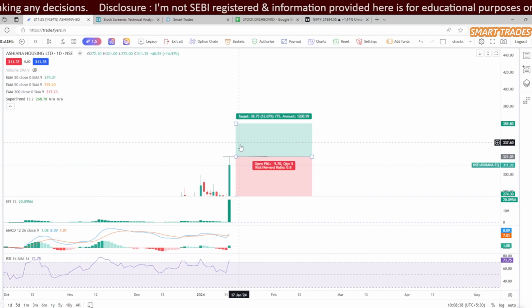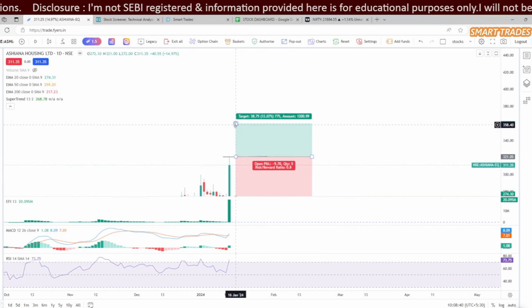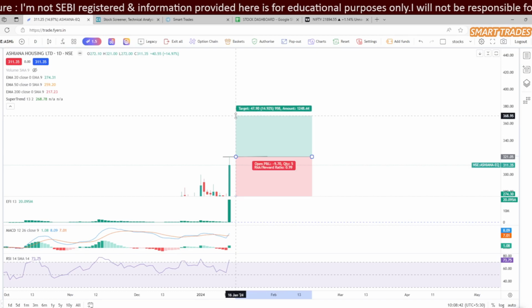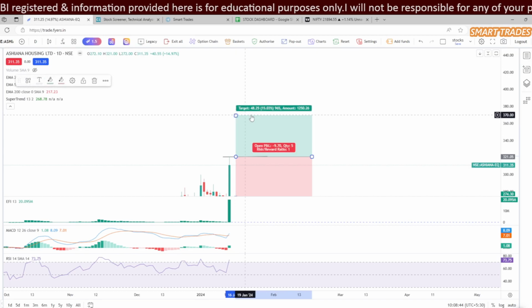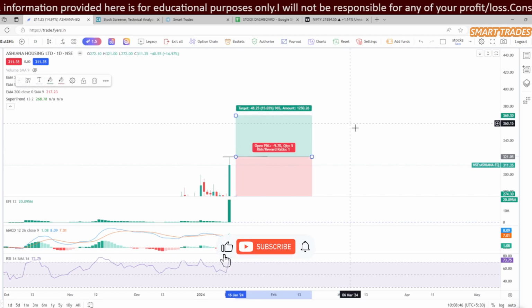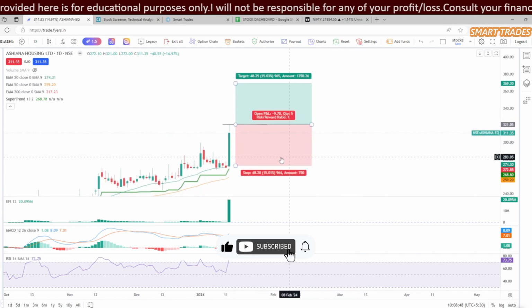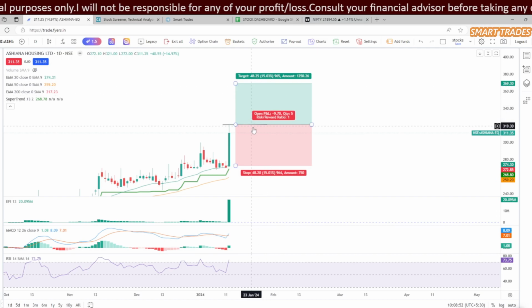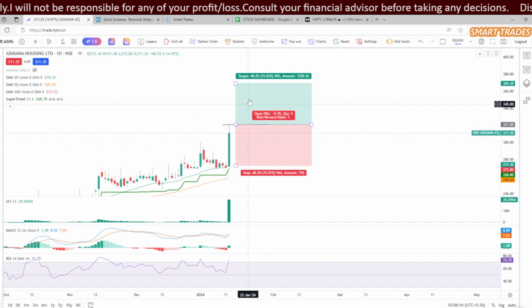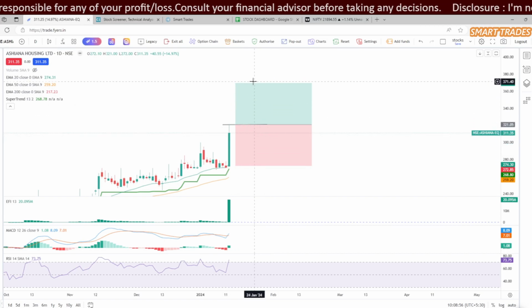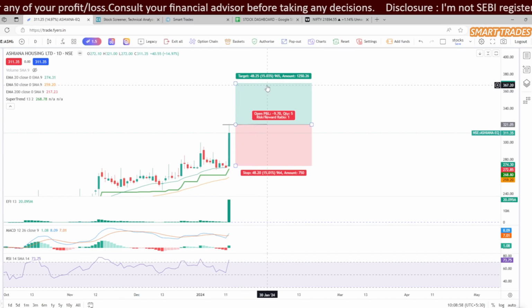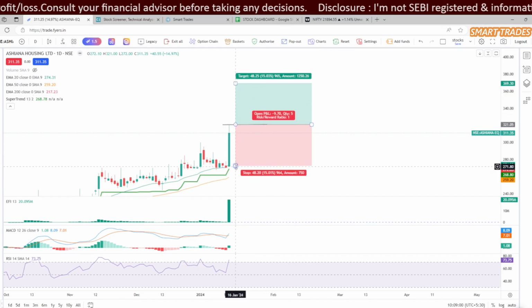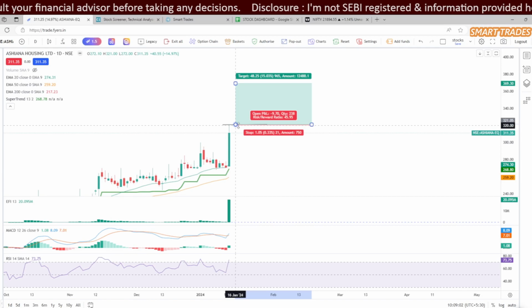Okay, so say if you have taken a trade and if it is 1:1, the price should reach 370. Okay, so you can trail your stop losses. If it is crossing above the 1:1 risk reward ratio, you can move your stop losses to cost.